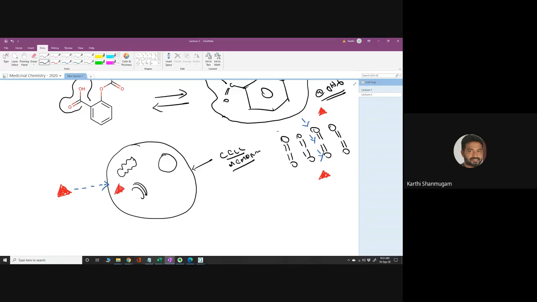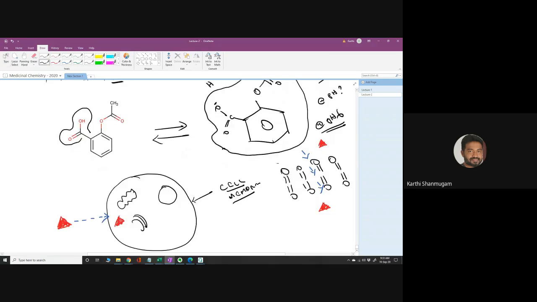Okay, good. For crossing the cell membrane, the drug molecule should have some property. Otherwise, the molecule cannot cross. It cannot penetrate. It cannot enter the cell. The first condition is the molecule should be in its neutral form. If the molecule is in its charged form, then the molecule cannot enter the cell.